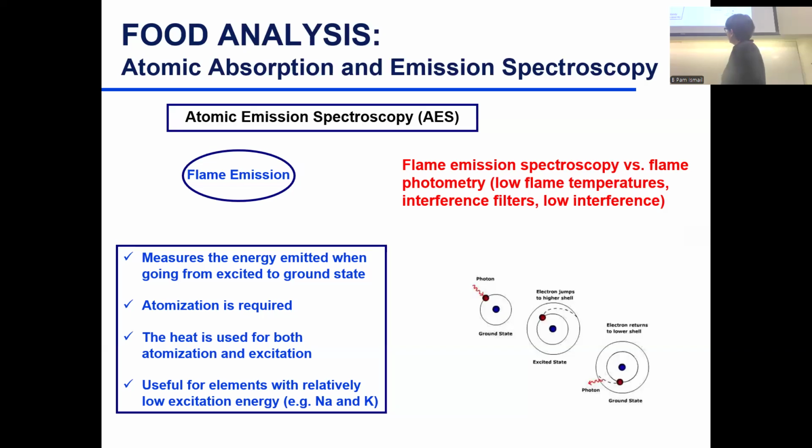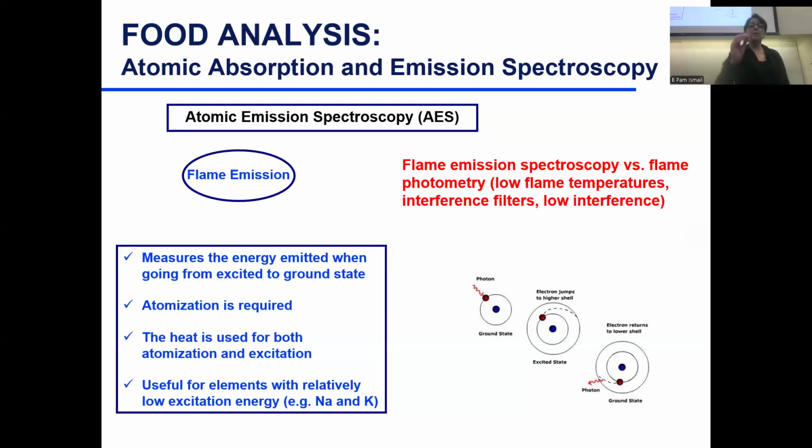So what happens in flame emission is that the flame is the source of atomization and excitation, meaning you atomize like you do with flame absorption using the flame, but at the same time, the flame excites the atom, allowing them to go into an excited state. You don't need a lamp. You don't need a light.